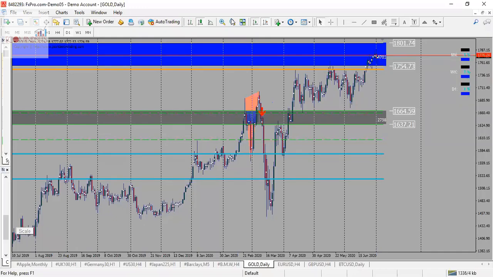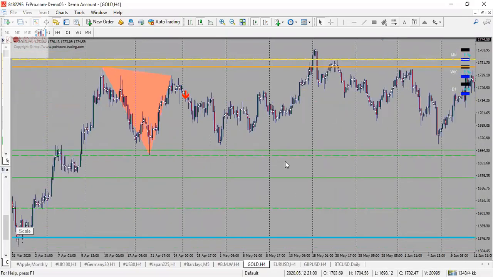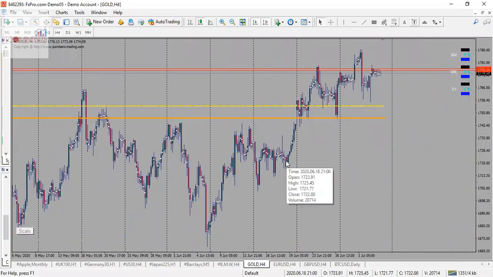So you can add, let's say, H4 to see what H4 is also telling you at a particular time. So this is our H4, and we already know that price is within the monthly, the weekly, and the daily support, resistance hot area.